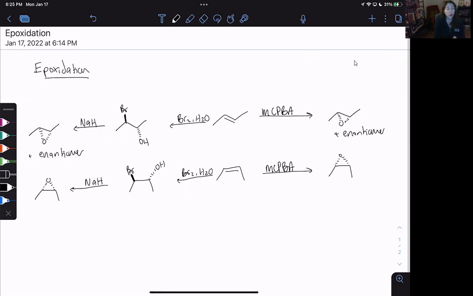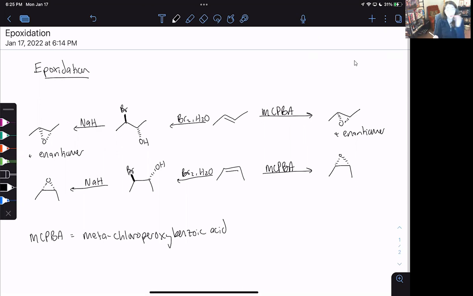Okay, so MCPBA equals meta chloro peroxy benzoic acid. Okay, the important part of MCPBA is this peroxy bit.